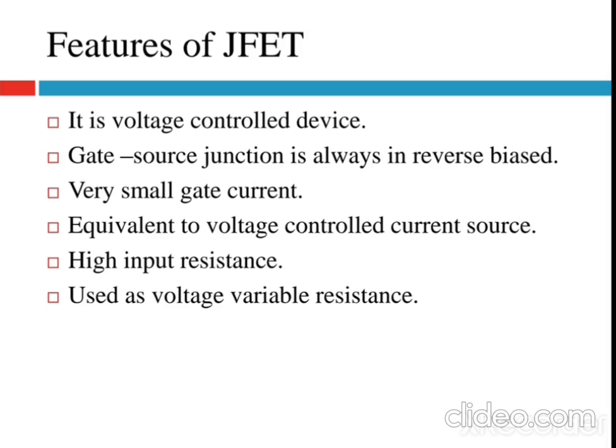It has a very small gate current. Another feature of JFET is that it has a high input resistance, and it can be used as a voltage variable resistance. So these are various features of JFET.